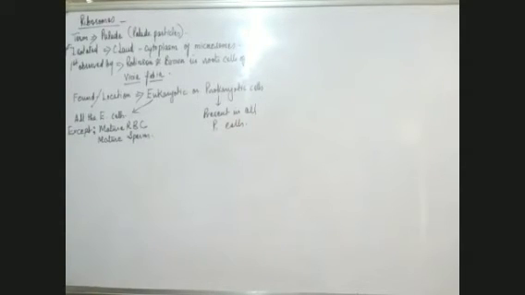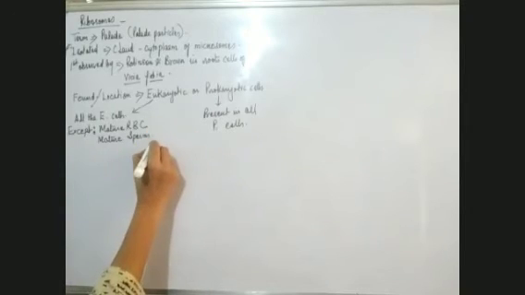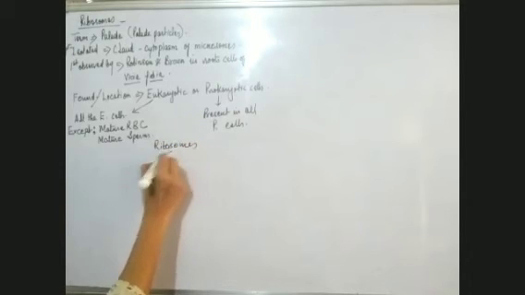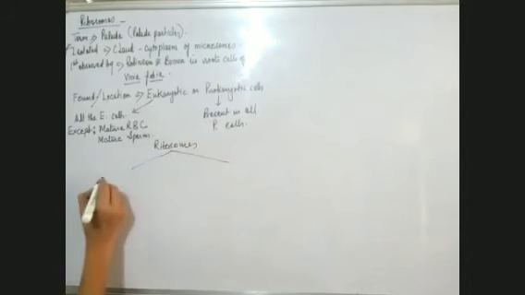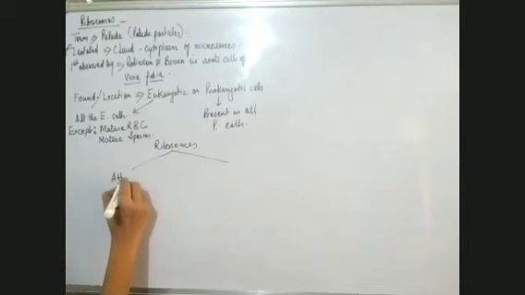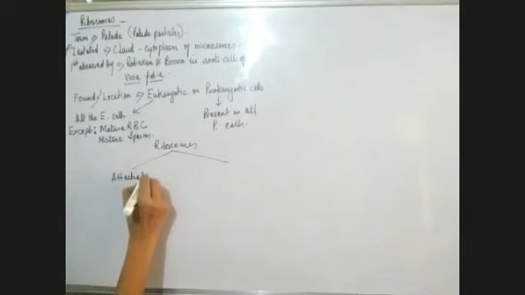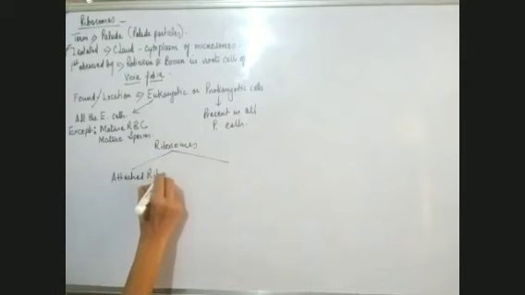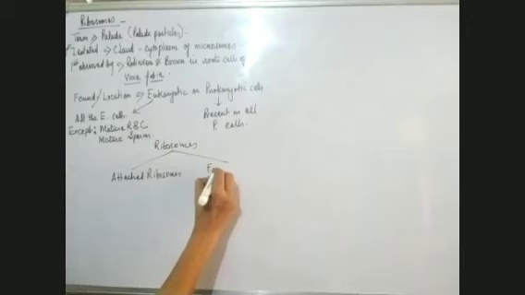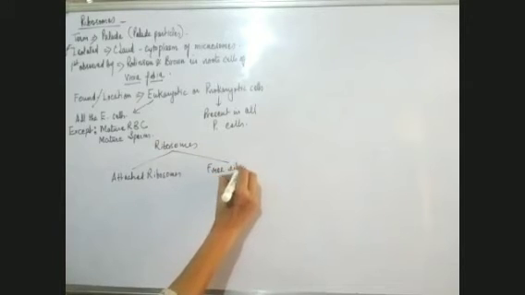Now, these ribosomes can be of two types: attached ribosomes or free ribosomes.